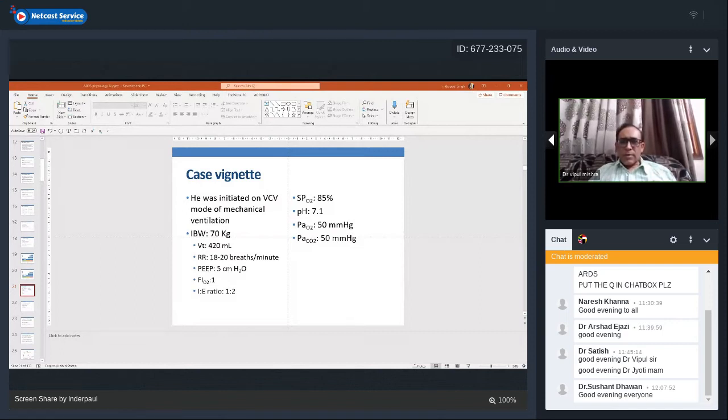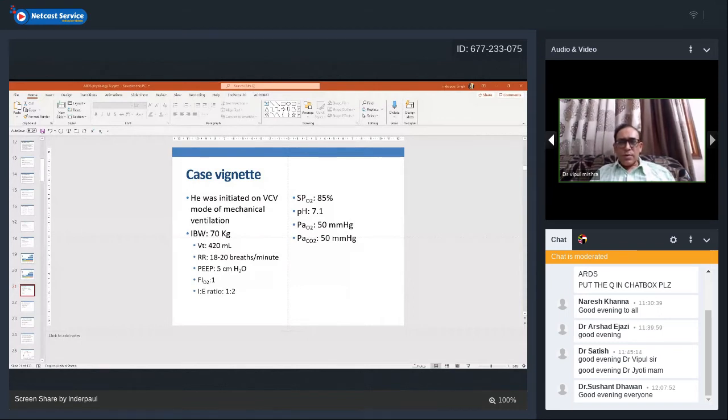So primarily, I would like to send this message across: there may be some differences in outcome and etiologies, but as far as management strategies are concerned, because the topic of today is physiology behind management strategies, the physiology and the logic and the evidence behind management strategies of ARDS does not differ between pulmonary and extrapulmonary ARDS. This is very visible from the recent publications, which have taken ARDS as one single entity, and in none of these papers which I studied have there been different recommendations and different treatment strategies for treatment of ARDS. That is point number one.